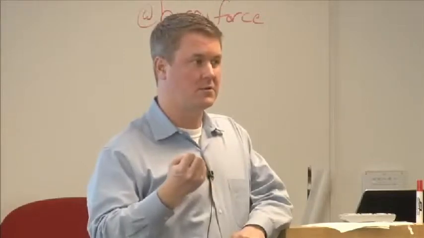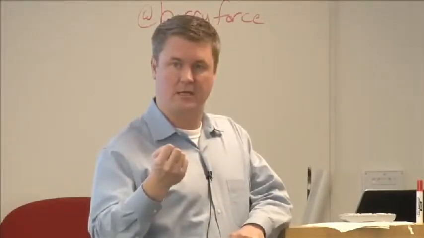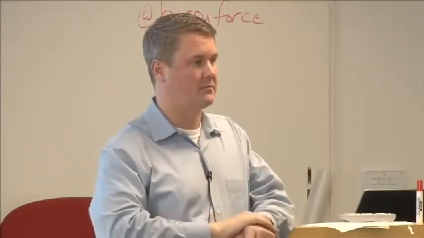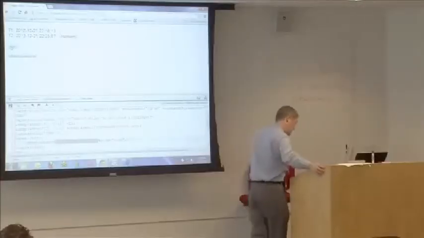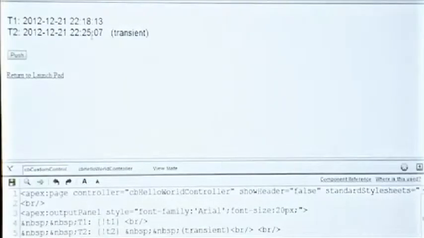And the reason T2 was null is because it was transient, it was not stored in the view state, and therefore it goes, okay, I'm going to have to refresh it. It's null, therefore I'm going to have to regenerate it. So every time I click on this, notice it's 2218 versus 2225. Every time I click on this, notice that this one gets reset.